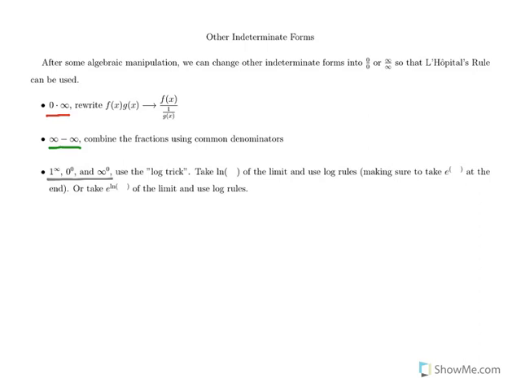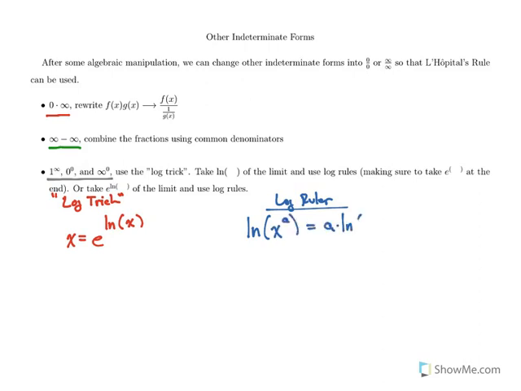So what am I talking about there? We're using the fact that x is equal to e to the natural log of x. This is the log trick that we can use this fact. And then we're going to use our log rules that if you have natural log of x to some power, you can write that as a times natural log of x.